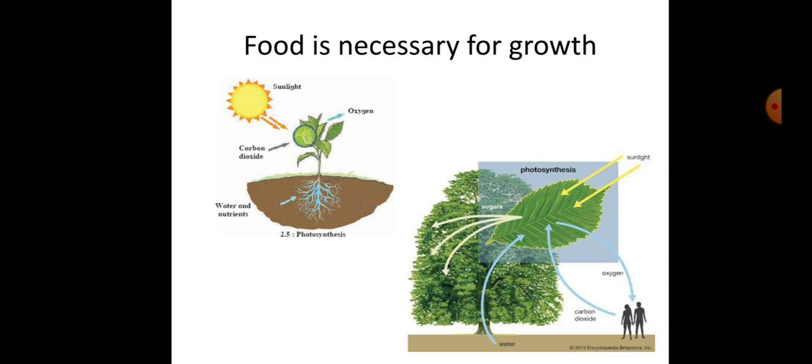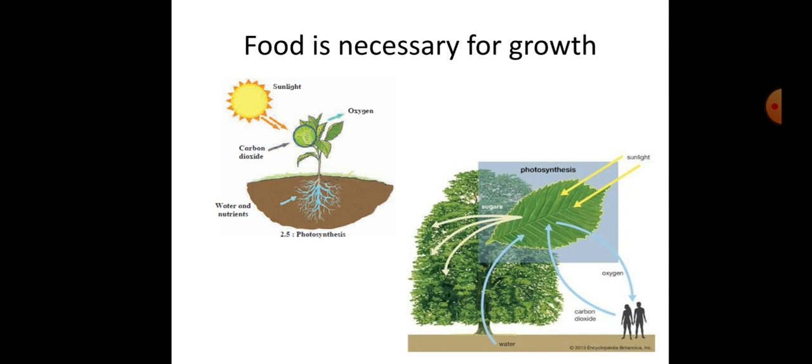Preparation of food in presence of light is called photosynthesis. Growing plants get the sunlight from the sun. Leaves of the plants are green in color. They contain chlorophyll.